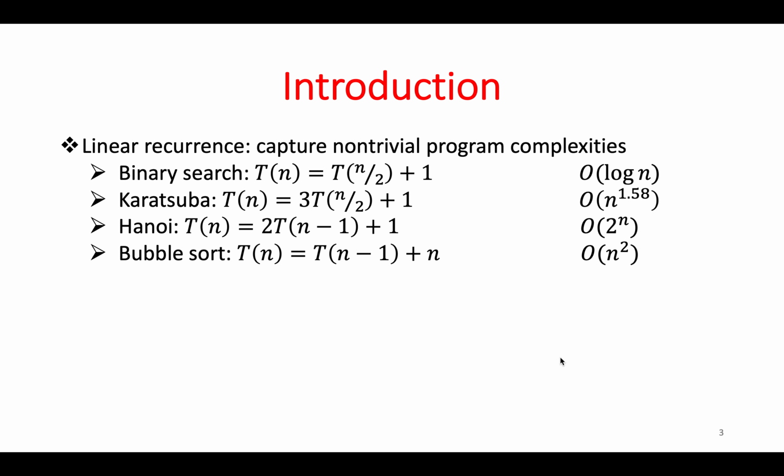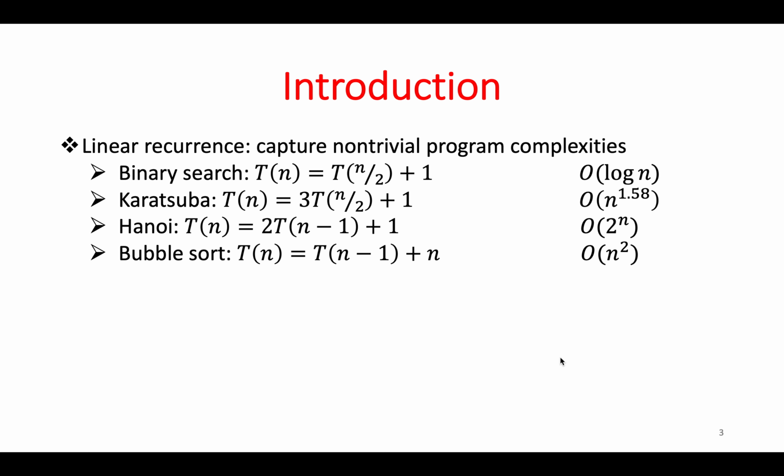We use recurrences because even linear recurrences, which are simple enough, are expressive enough to capture non-trivial program complexities. For example, binary search has a linear recurrence of divide and conquer type, which solves to logarithmic.